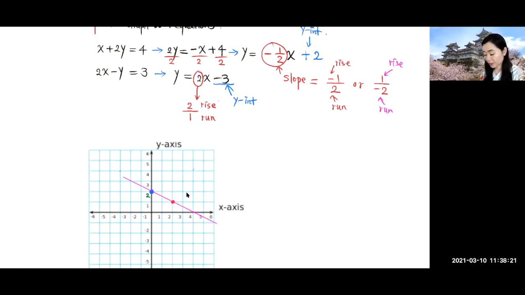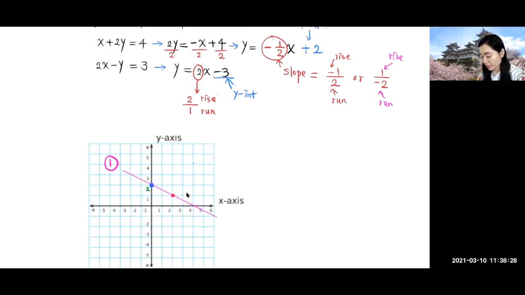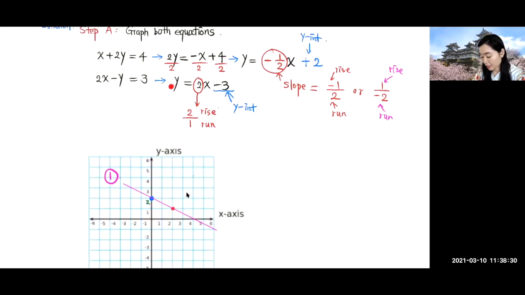That's the straight line for the first equation. I label that 1. Now the second equation. The y-intercept here is negative 3, so I locate negative 3 on the y-axis, this point over here. The rise is 2 and the corresponding run is 1.